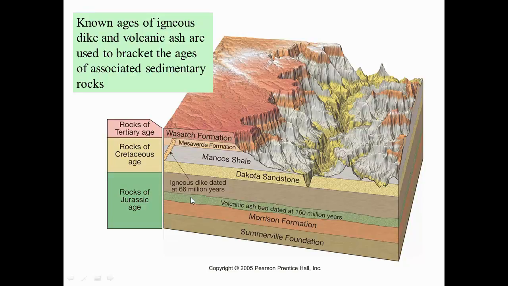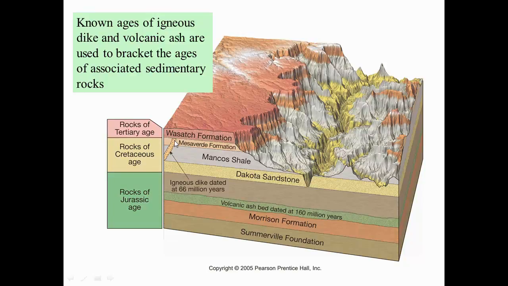Now, by dating these two igneous units, what can we say about the age of the Dakota Sandstone? Yes, we can apply the principles of relative dating. For example, the Dakota Sandstone occurs above the volcanic ash, and so the sandstone must be younger than 160 million years.